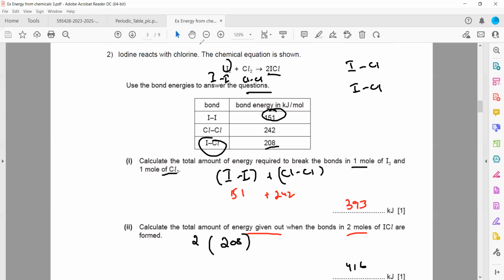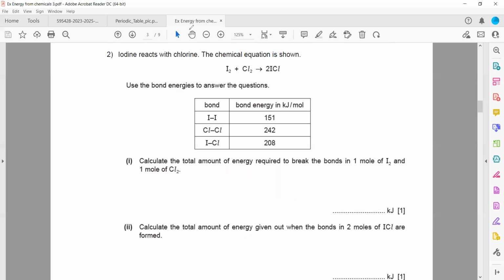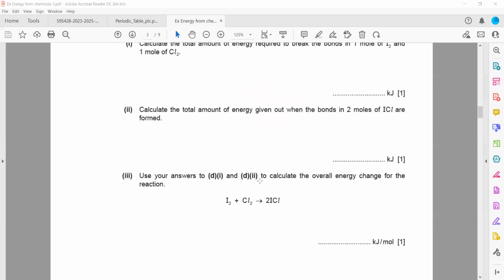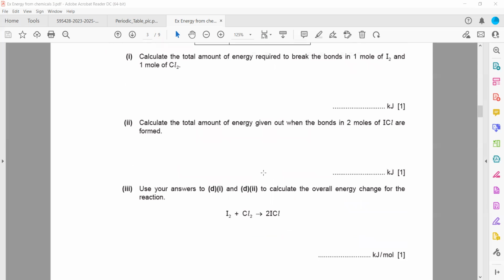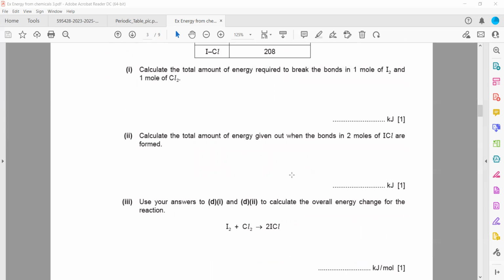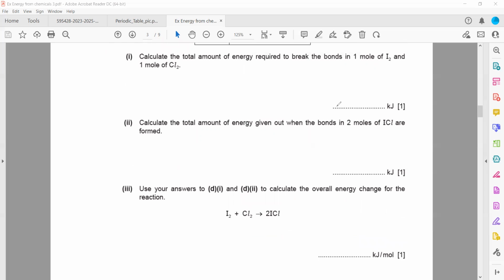The next part, we have to calculate the energy change. Use your answer to D1, calculate the overall energy change. So what is the formula for energy change? This was 393 and this one is 416. The formula for calculating the energy change is bond breaking minus bond forming, which equals the energy change during a chemical reaction.